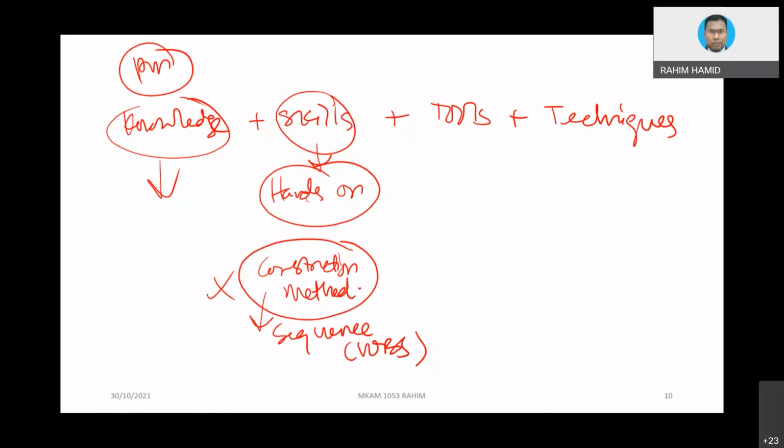Maybe by tomorrow you are going to learn about this. Okay. And then productivity rate. Productivity rate means just how fast you can do things.